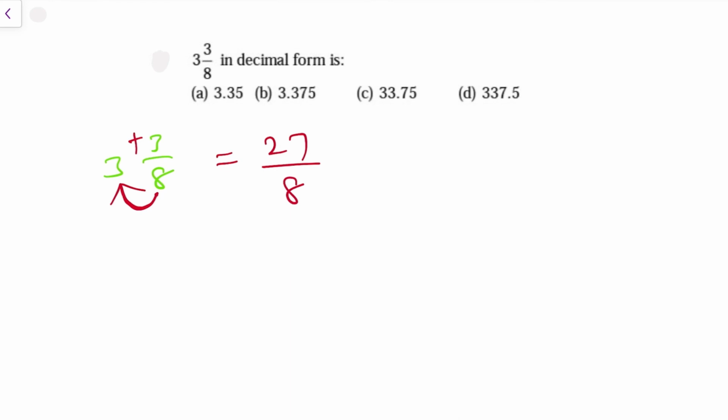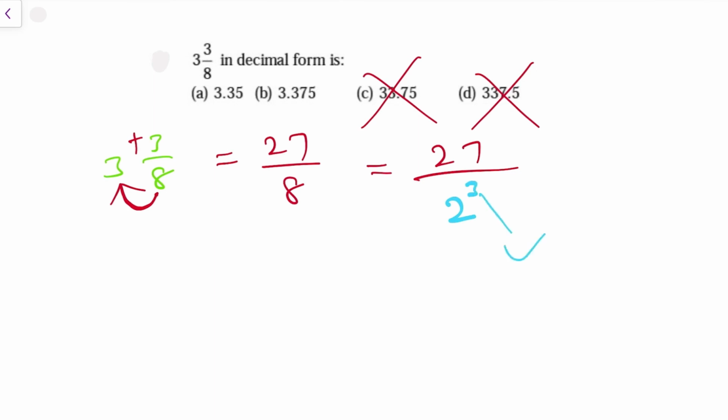Now 27 by 8 we need to divide. Anyway it won't be 337, it won't be 33 also. So it will be one of these two. How do we check which one is correct? 8 can be written as 2 cube, so the power is 3. It means after the decimal 3 digits should be there. So answer B is the correct one.